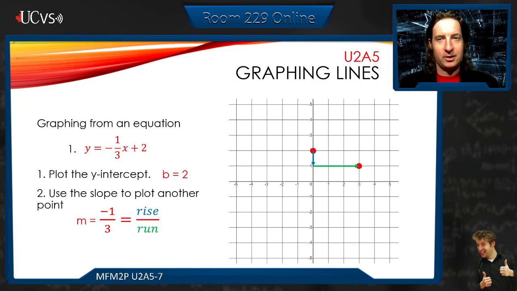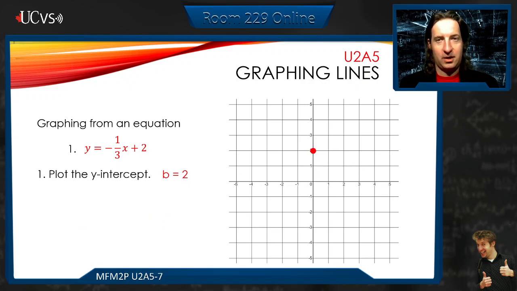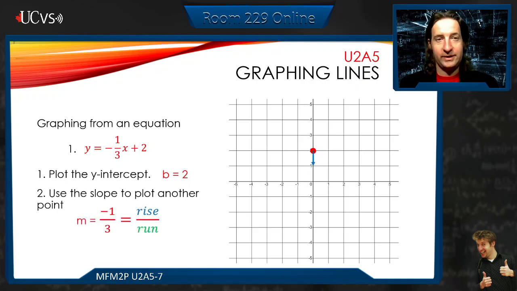I put my dot on, then using my slope, I go down 1 and over 3 and put a new dot. And really, you're done. A line is uniquely determined by 2 points. Once you have your 2 points, all you have to do is connect the dots.